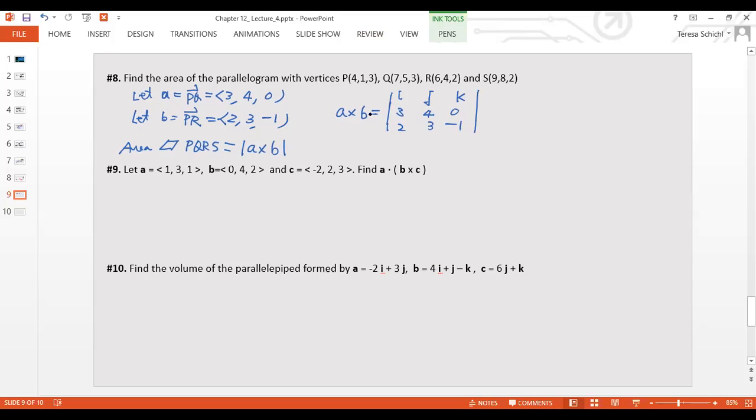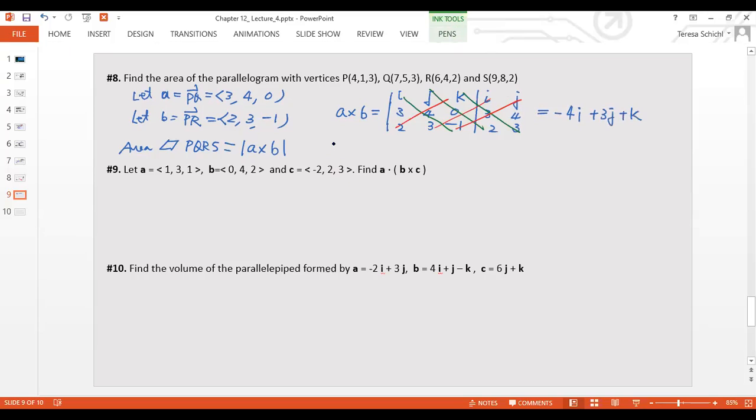Now we take the first two columns out, so this is 3, 4 and 2, 3. Then we do the cross product, and minus the other one. So this will be negative 4i plus 3j plus k.